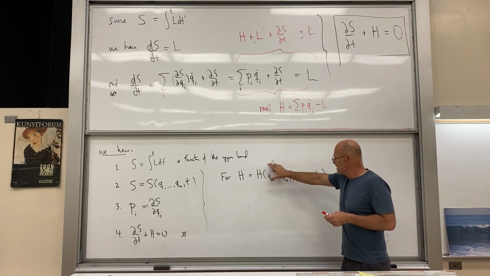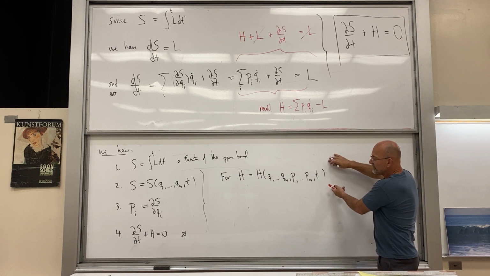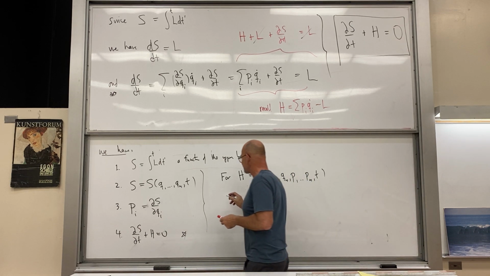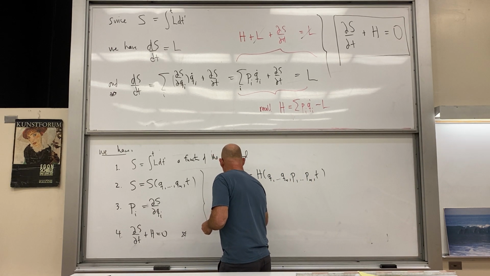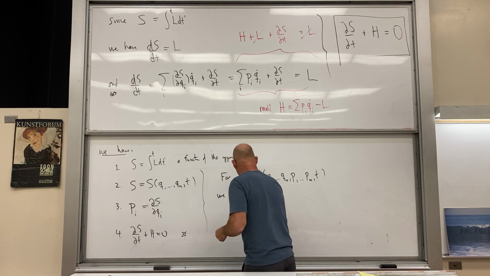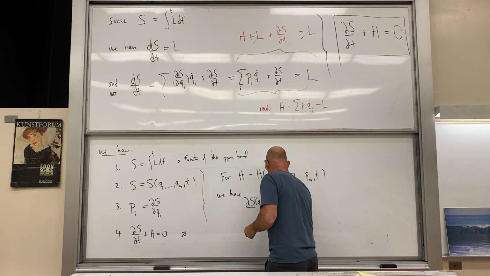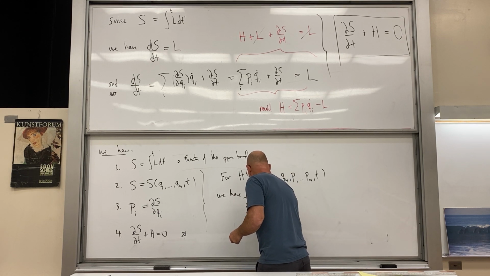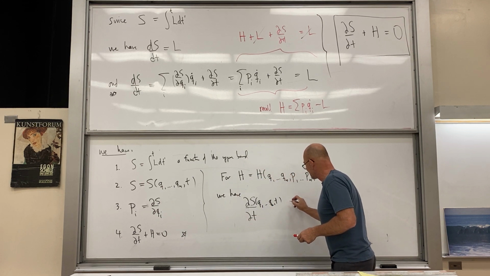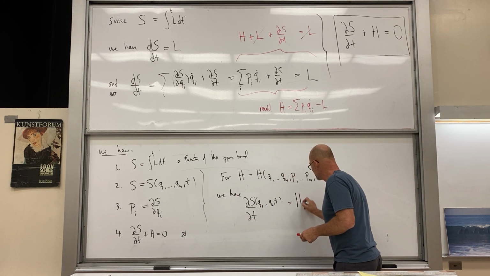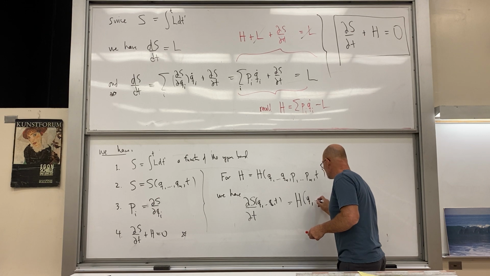So for H to be given in this form, we have dS(q1 to qn, t)/dt, partial with respect to time, equal to minus H of q1 to qn.